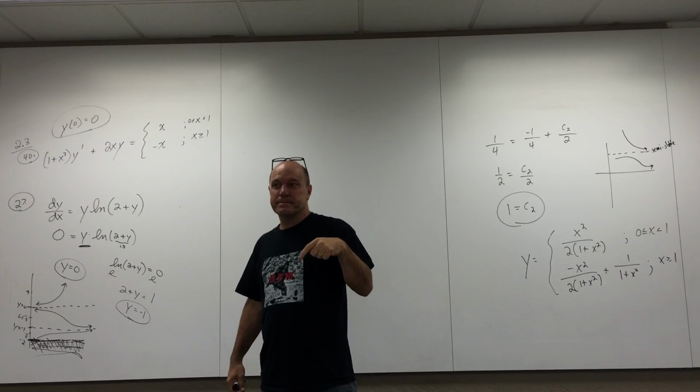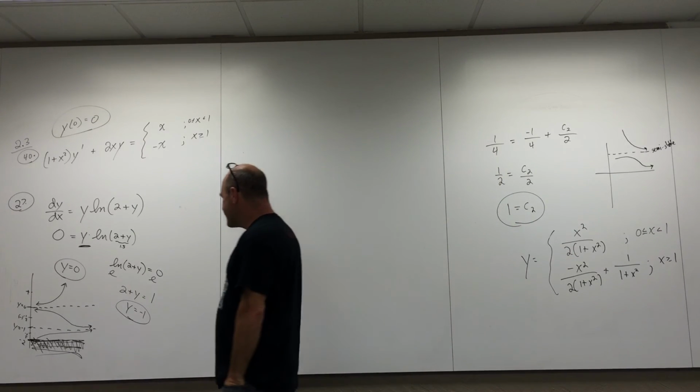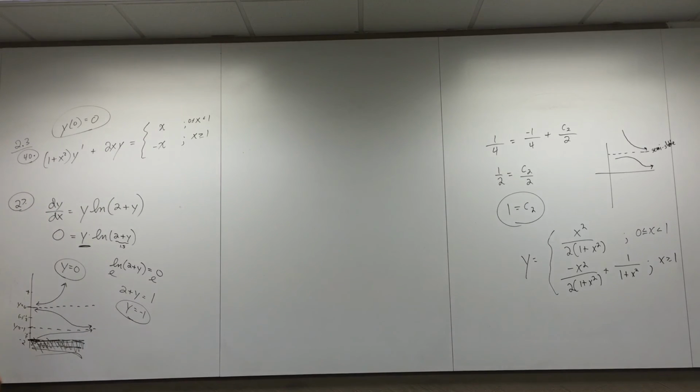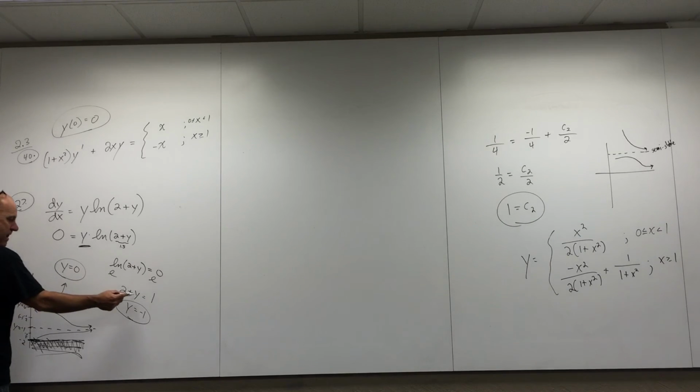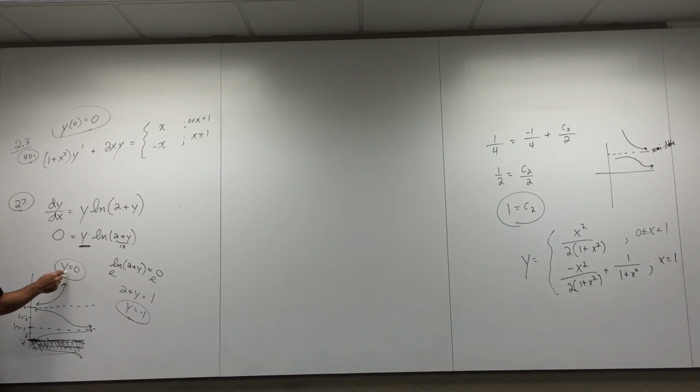What did you just do with that y over there? I know you took e to the ln to get 2 plus y equals either 0. What would you do with the y in front? So I'm asking, when does this slope equal 0? I set this equal to 0, and these are multiplied together, so I set each factor equal to 0.